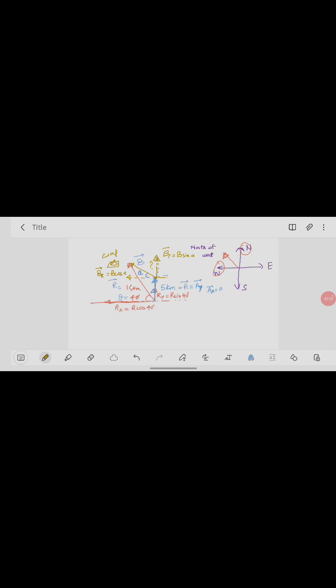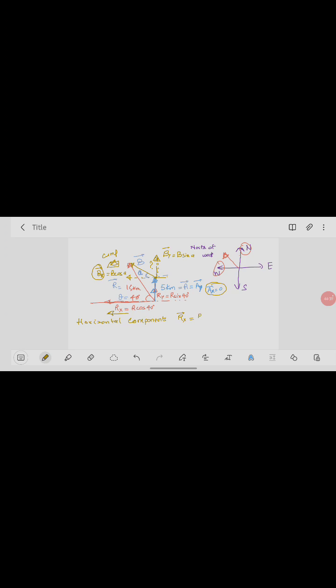So let's talk about horizontal components. What are the horizontal components? You have to sum Rx. This is the direction of Rx, correct? There is no horizontal component for A, but there is a horizontal component of B, Bx, correct? So Bx is in the same direction as Rx. So how can you find the resultant?